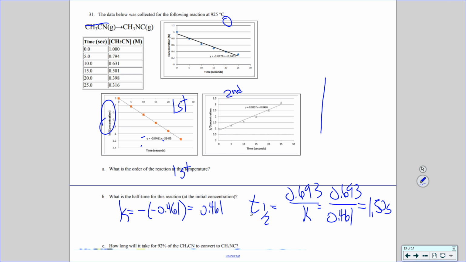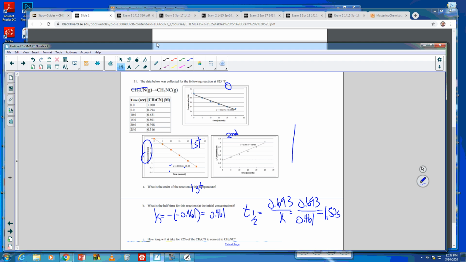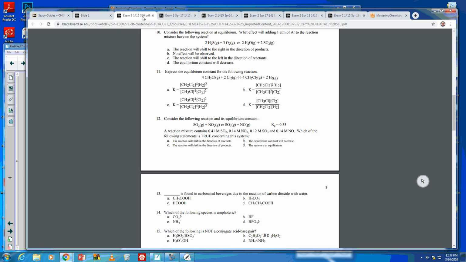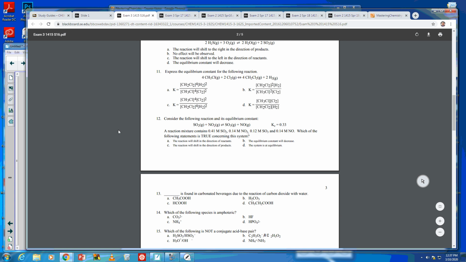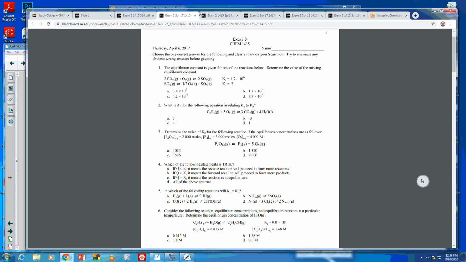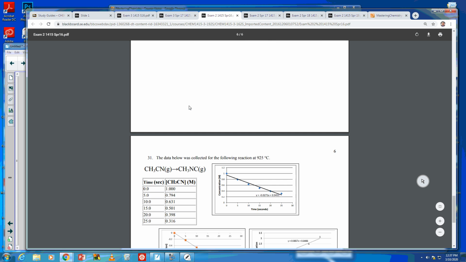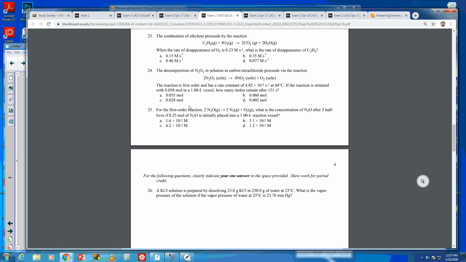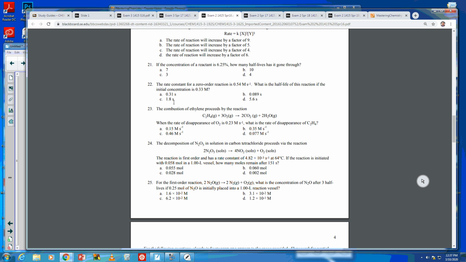So let's see if we can find a different half-life problem.